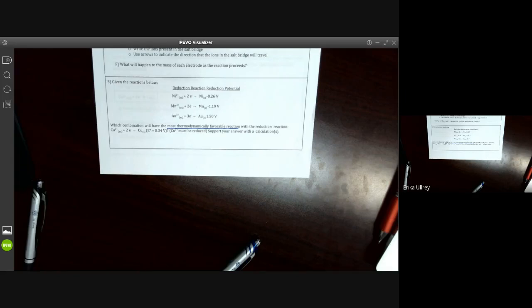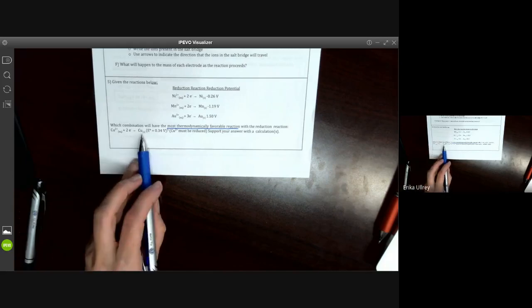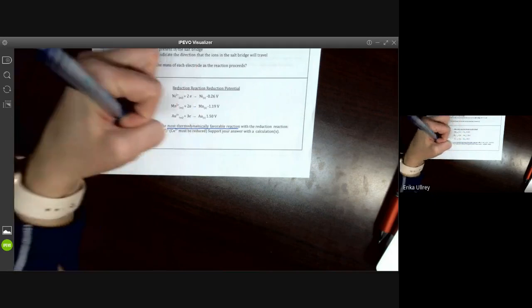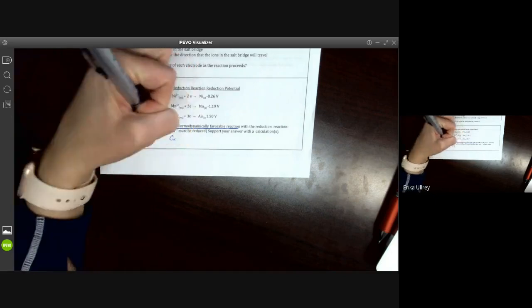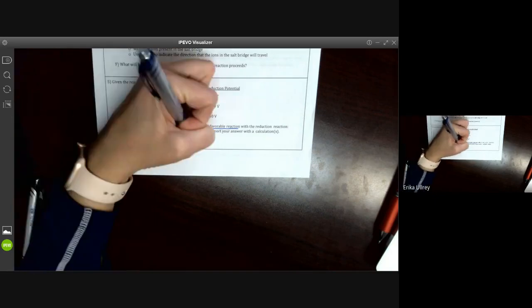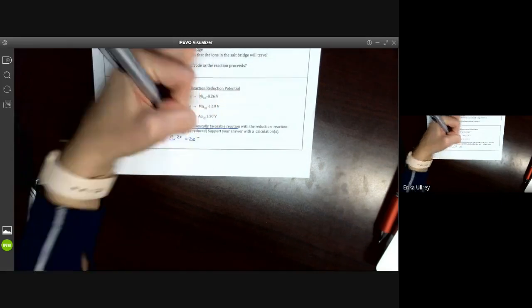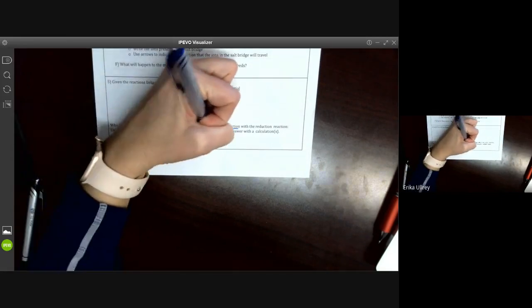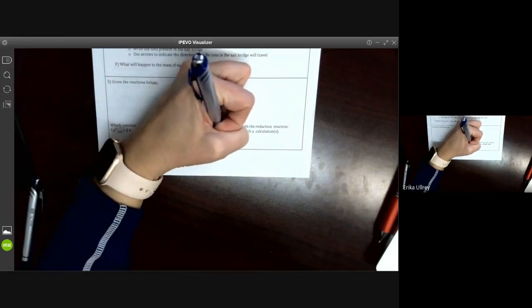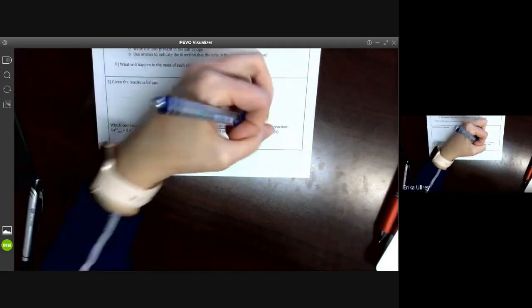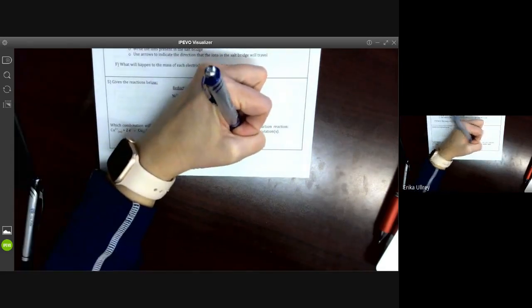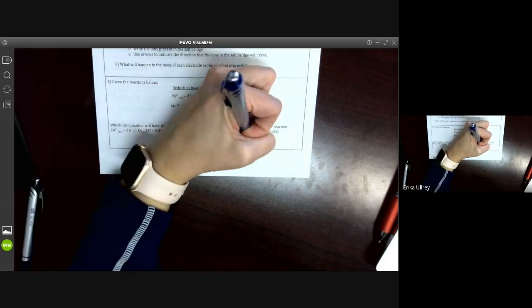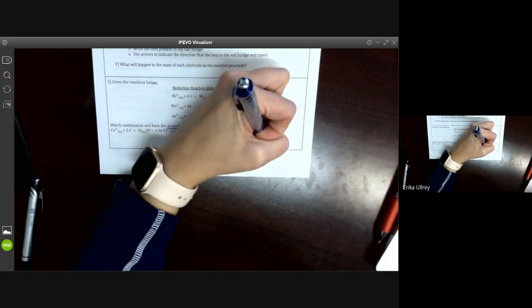It's saying that the copper has to be the thing that's reduced. So we're keeping copper as reduced, right? That's Cu2+ plus 2 e- reduced to copper solid, and that is an E naught, a standard condition, of 0.34 volts.